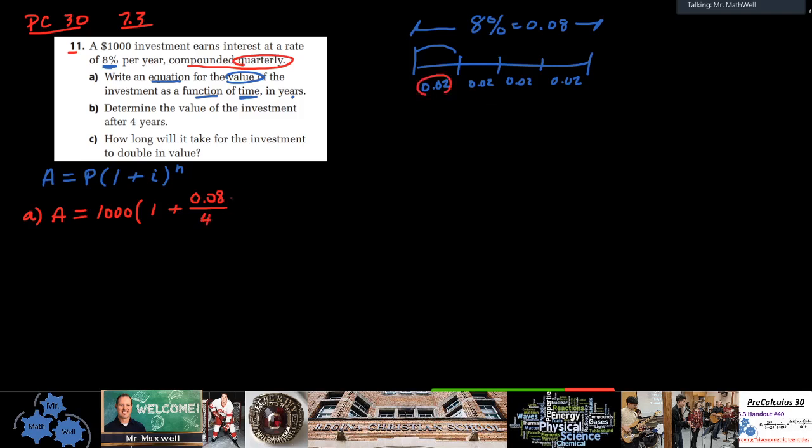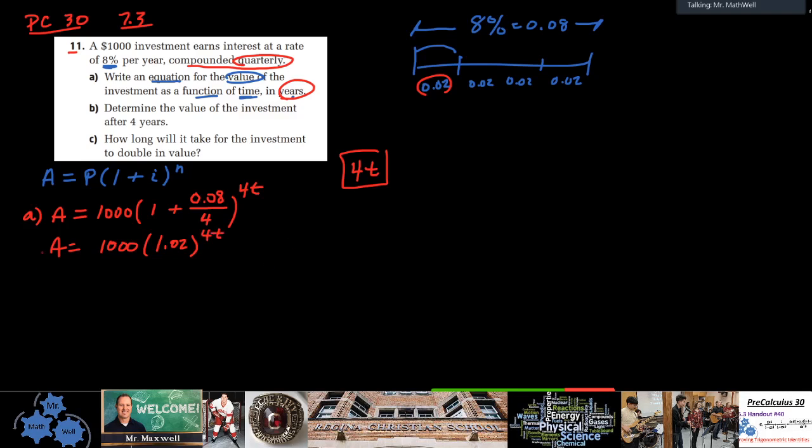Now, this n is the number of compounding periods, and the question wants years, so if there are 4 per year, that is 4t compounding periods, where t is the number of years. So this is to the power of 4t. Okay, and that's fine for A. Now, if you want to simplify that, you can write it like this: 1.02 to the power of 4t.